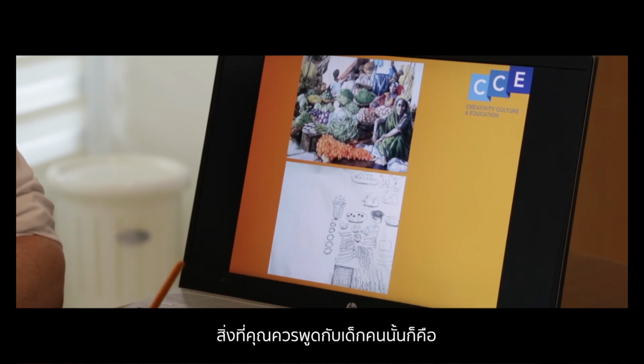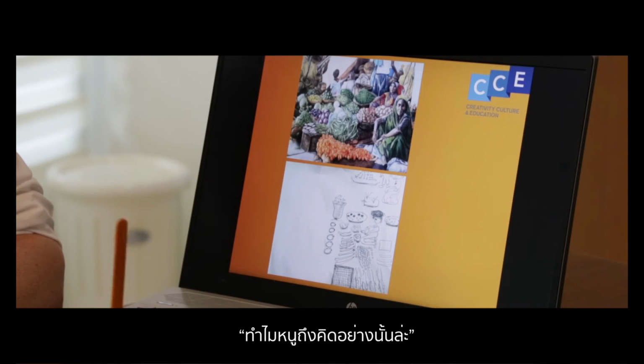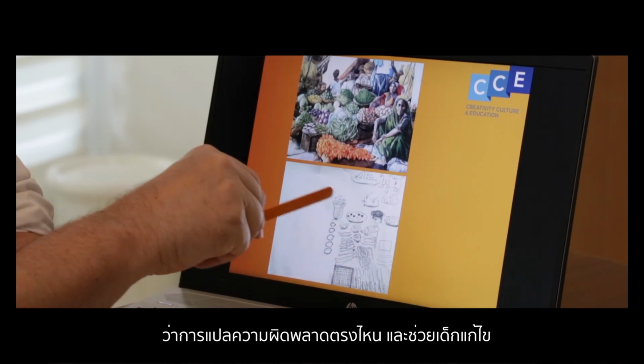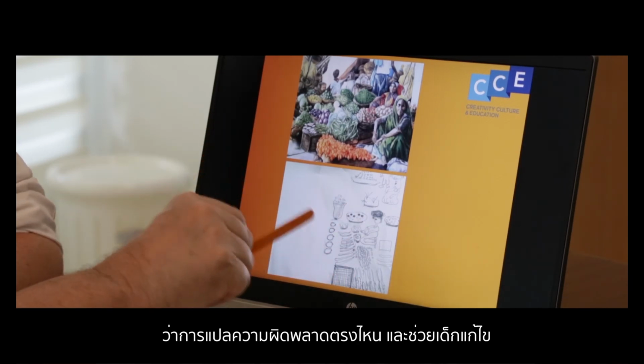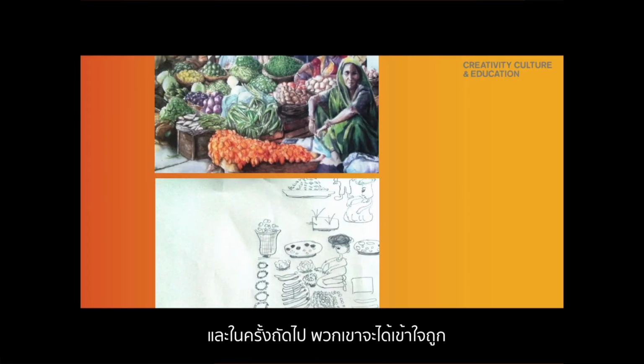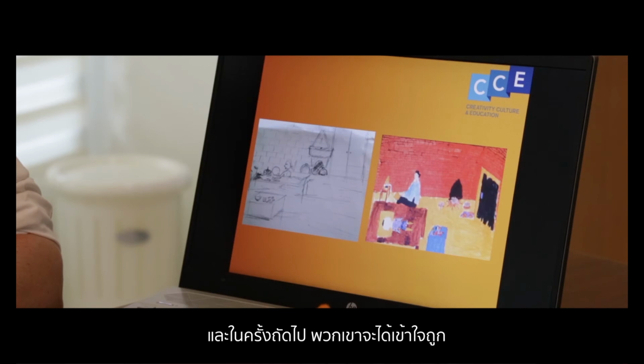And what you should say to that child is, why do you think that? They will then explain, and you'll be able to understand where in their structure they've gone wrong and fix it. And the next time, they will get it right.